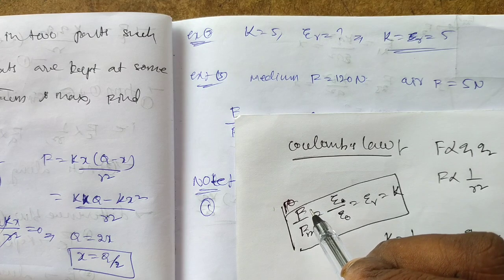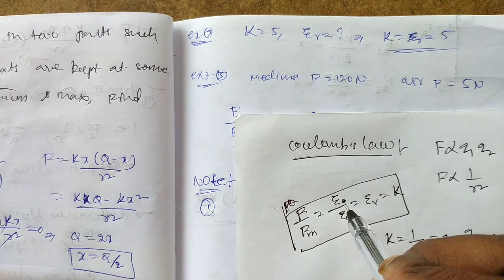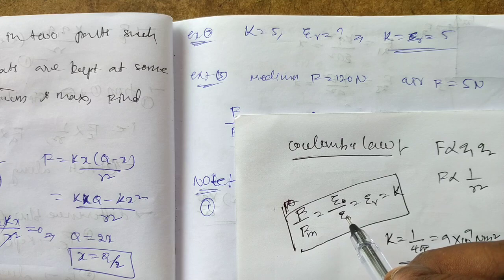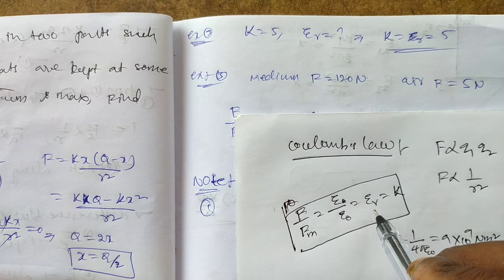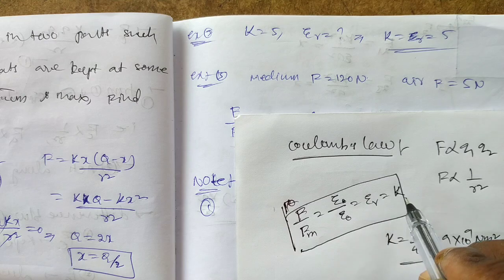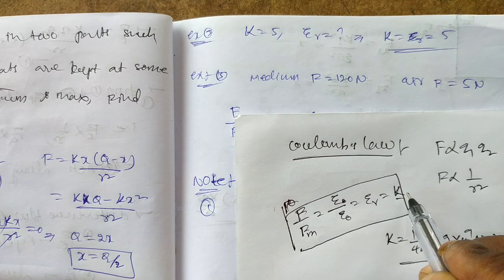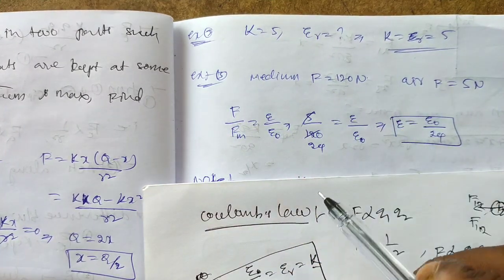The ratio of the permittivity in the medium to the permittivity in free space is the relative permittivity of the given medium, and K is the dielectric constant of the given medium. Problems come from this relation.